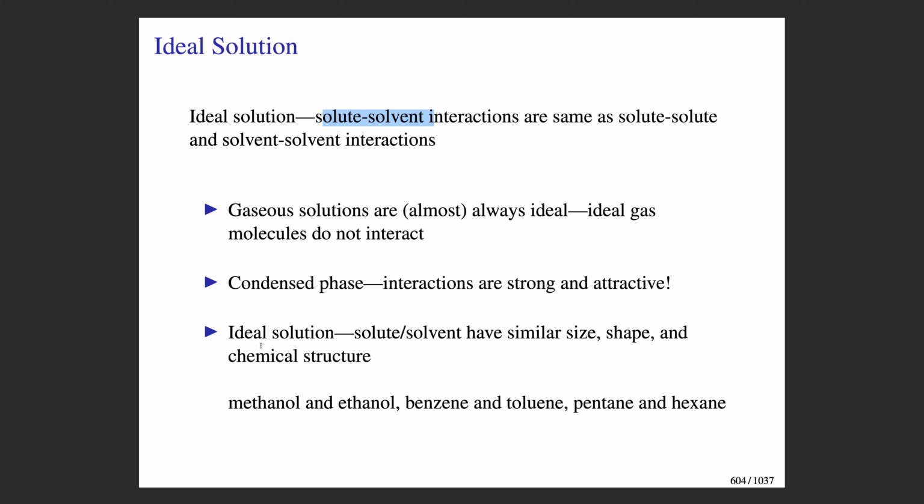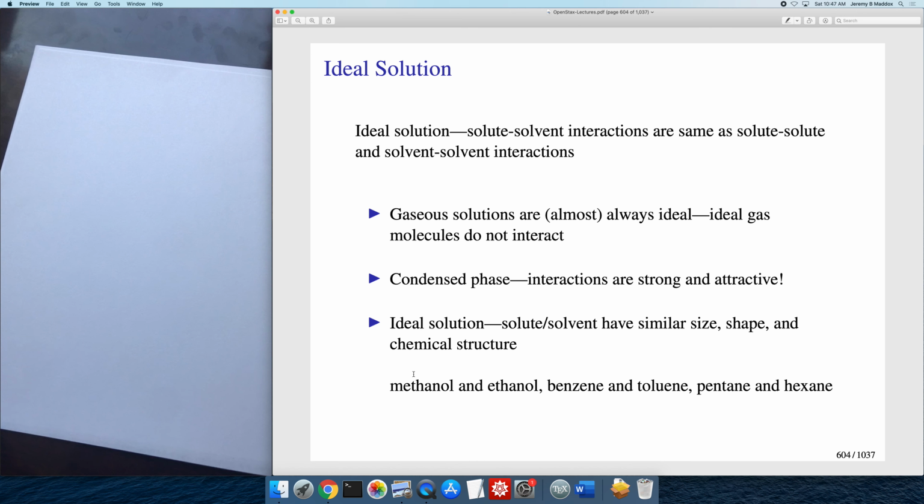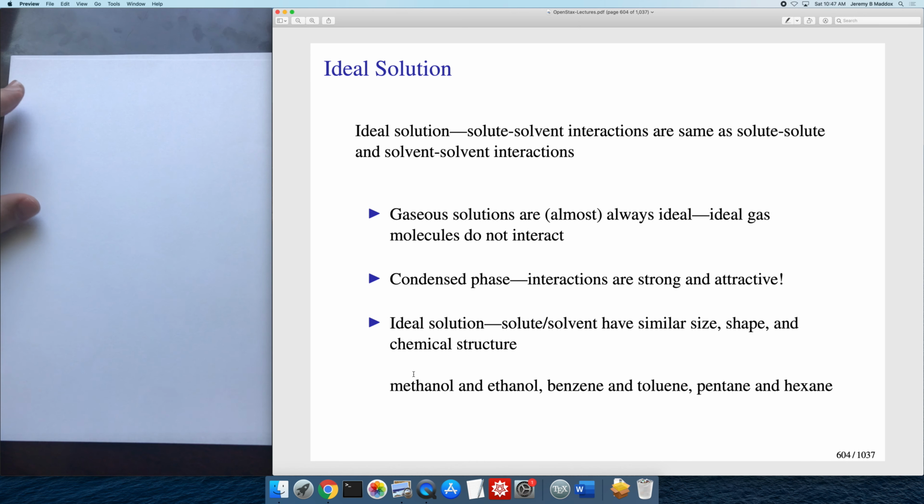So the ideal solution is fairly fictitious in the sense that most solutions are not ideal. That is, most solutions do not fit this criteria, but some do. And then what I've done is I've listed a few very good examples down here, and I wanted to write out the structure of these molecules to illustrate that.